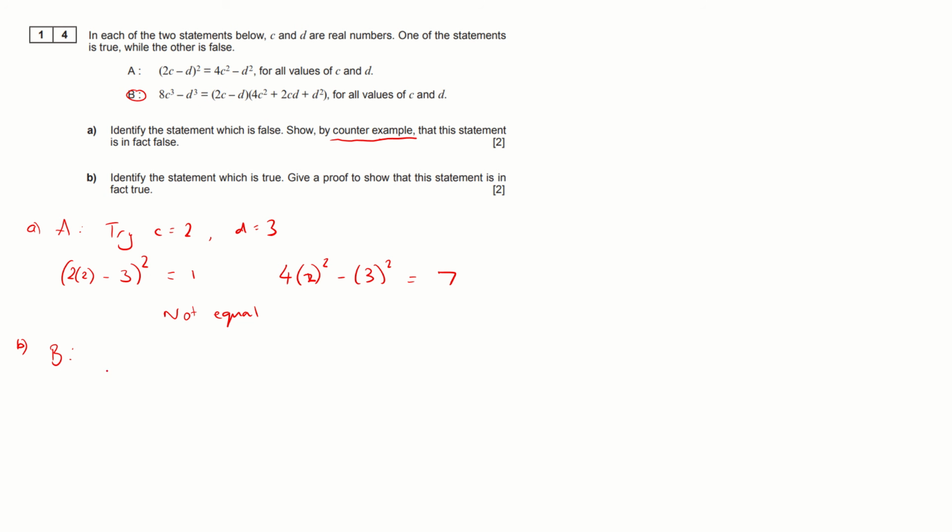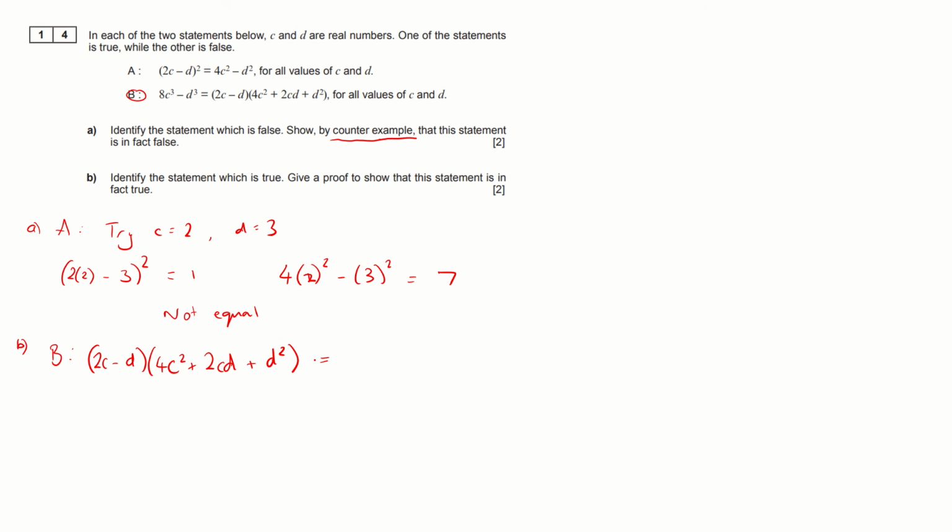I'm just going to take the right-hand side, the complicated looking side with a load of brackets, and expand it, and I will end up with 8c cubed minus d cubed if I expand this correctly. When you expand brackets like these, where there's 2 terms in the first one and 3 terms in the second, I'm going to take 2c and multiply it by all 3 things, and then take minus d and multiply it by all 3 things.